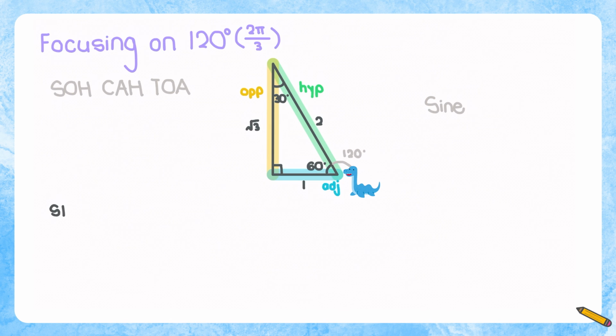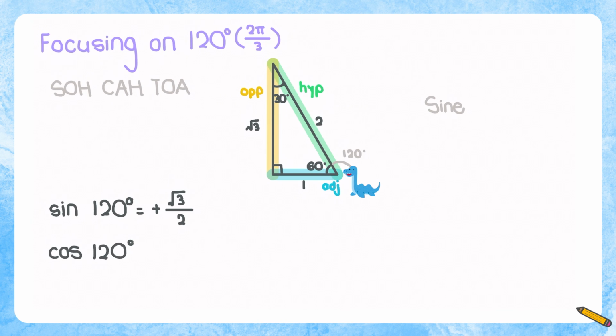Okay, so let's start off by finding sine of 120 degrees. Opposite over hypotenuse, so that's going to be positive radical 3 over 2. And now that we're in quadrant 2, only sine and cosecant values will be positive.